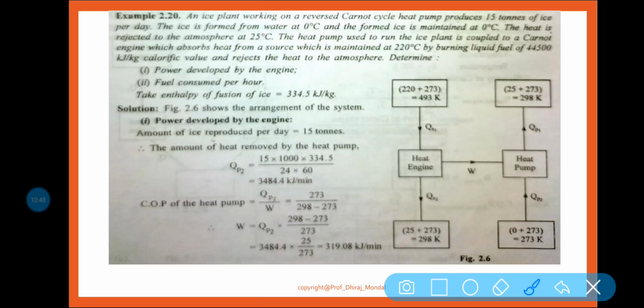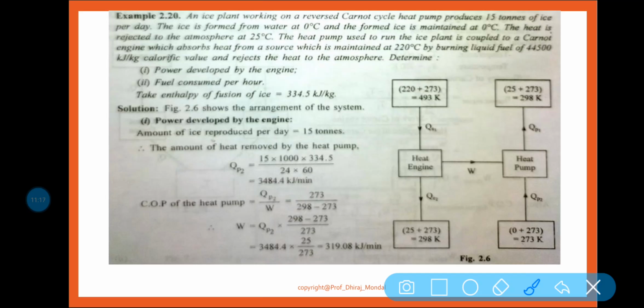So a reverse Carnot cycle, which is a heat pump cycle, is producing 15 ton of ice per day. The ice is formed from water at 0 degree centigrade and the formed ice is maintained at 0 degree centigrade. The heat is rejected to the atmosphere at 25 degree centigrade.